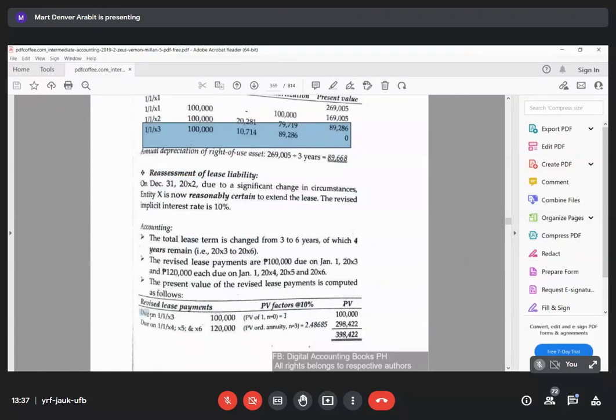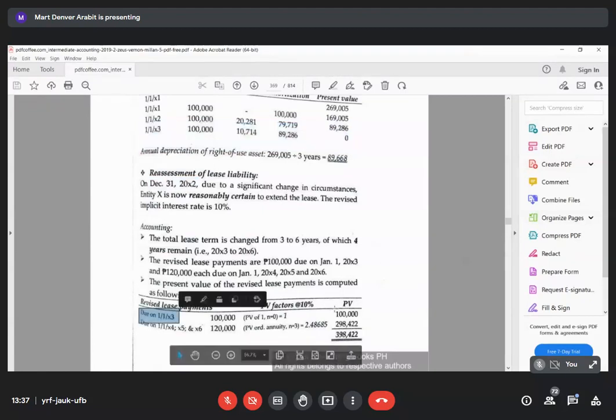So ito yung due on January 1, 2023. So there will be no present value since it will be paid at the same day. Okay? Hindi siya babayaran at year end. So wala na siyang present value. Oh, and the next are due on first to 3 years. So the present value would be 298,442. Okay.